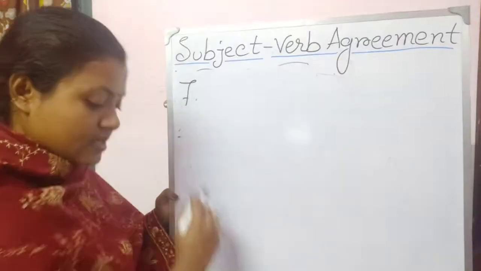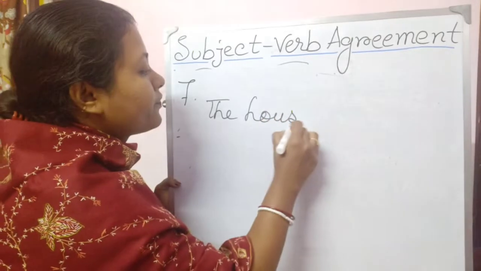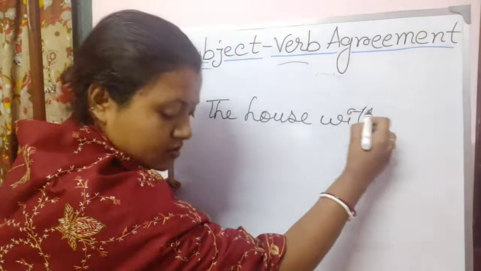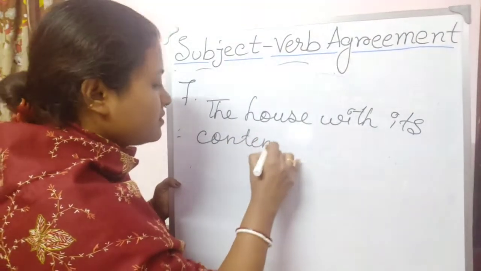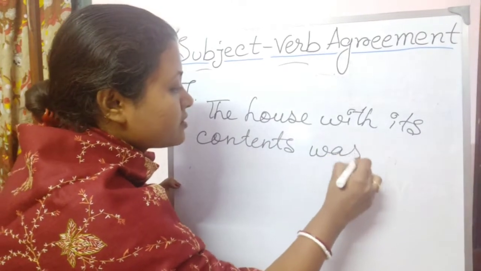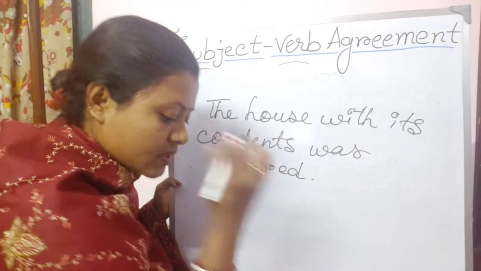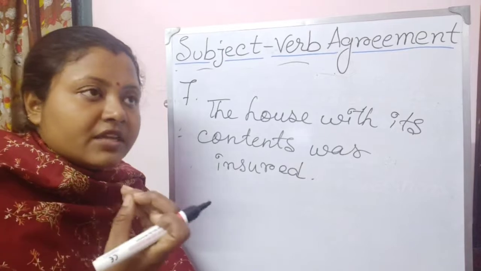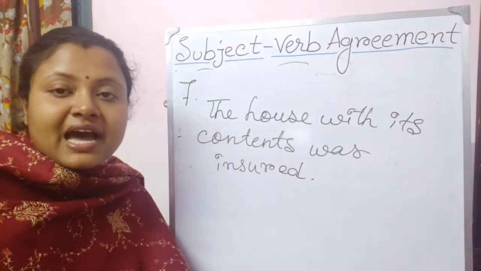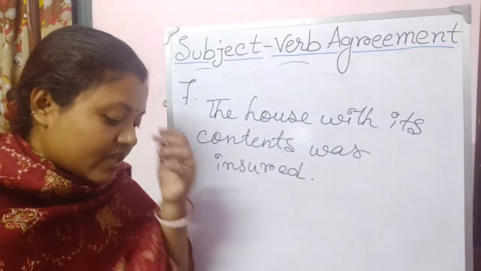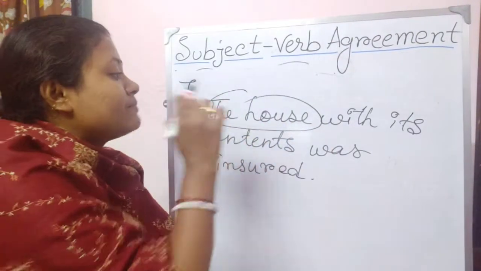Number 7. The house with its contents was insured. Whenever there are joining words like with, as well as, no less than, besides, and not, along with, you will always follow the first subject.